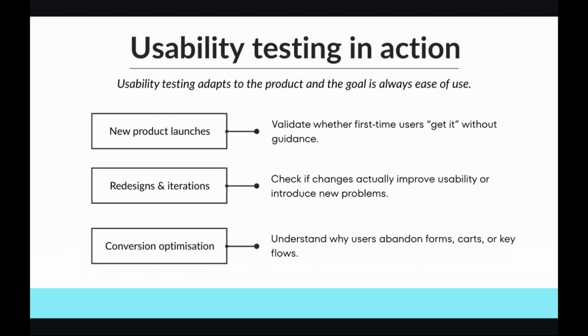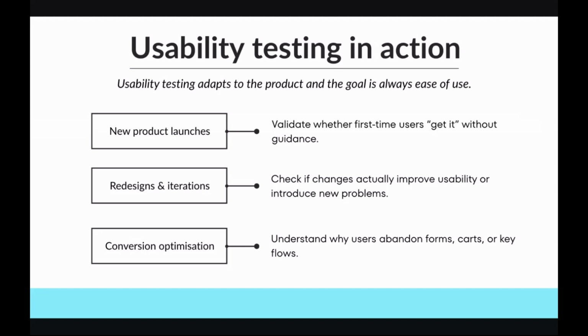And then comes, of course, when you're launching a new product. Before releasing something to the market, teams test prototypes or even early versions to identify any usability gaps early on. Then of course comes redesigns and iterations. When you already have a product, usability testing helps validate whether the new version is actually better than the old one.